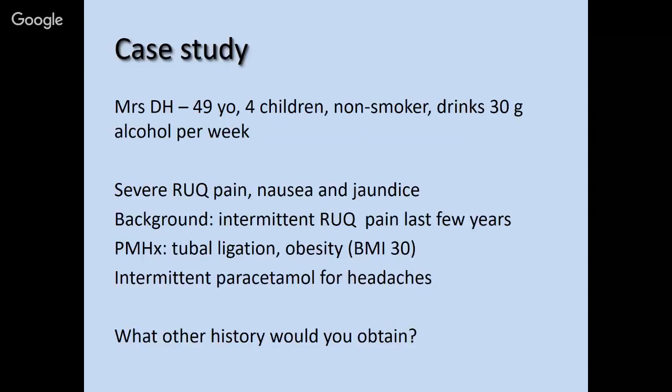So we'll first ask her full name and occupation. We'll ask about the pain, like where it radiates to, when does it come on, and what makes it better. And then we'll ask about stool and urine color, because we are suspecting she has jaundice, and we want to know what kind of jaundice it is.